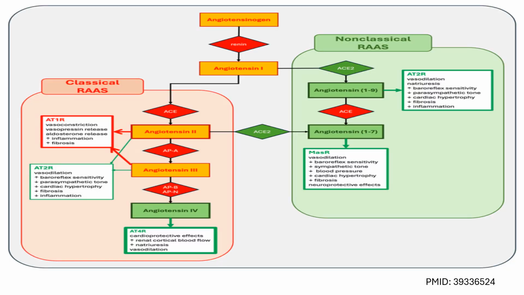Let's quickly review the metabolism of angiotensin. Renin converts angiotensinogen into angiotensin 1, which then can enter either the classical RAS pathway or the non-classical RAS pathway. Angiotensin converting enzyme, or ACE, produces angiotensin 2 from angiotensin 1.